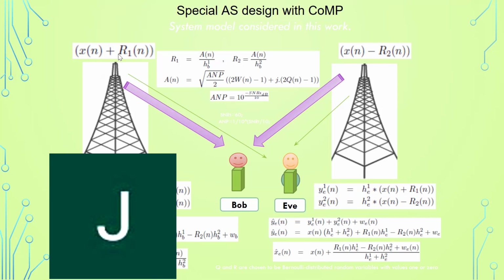But one of them adds R1 and the other R2, in such a way that when they reach the receiver, they get canceled out. R1 can be A of n over H_B1, R2 can be A of n over H_B2, and the received signal noise can be something like that, a function of noise and of the signal to noise ratio.